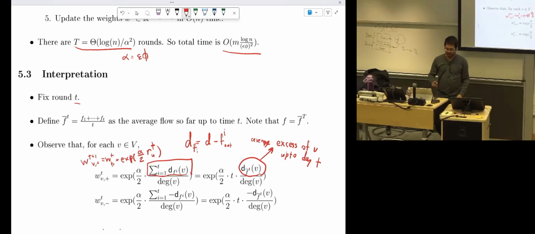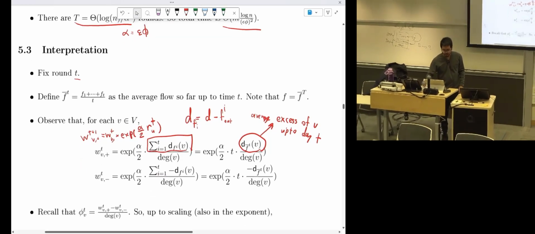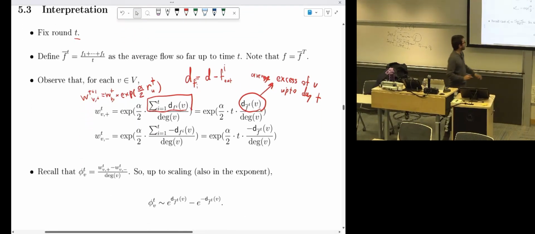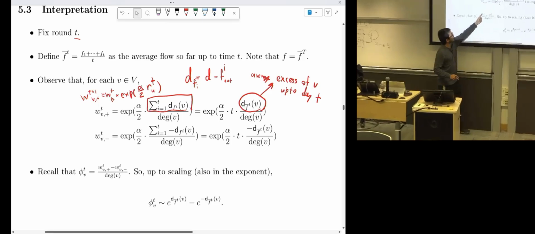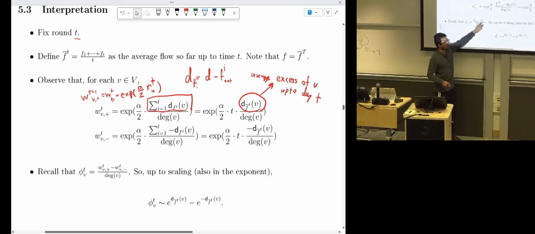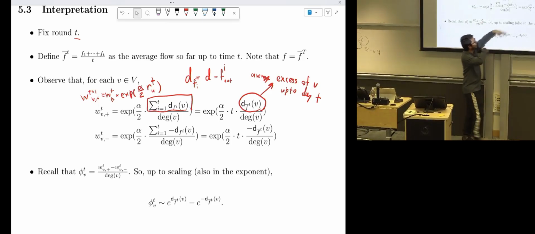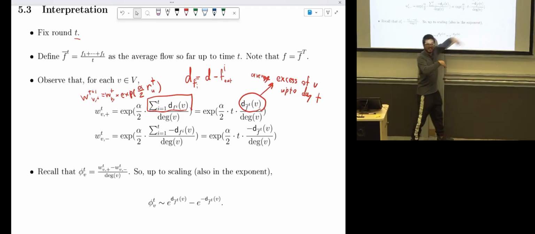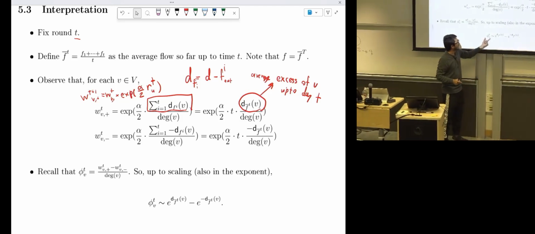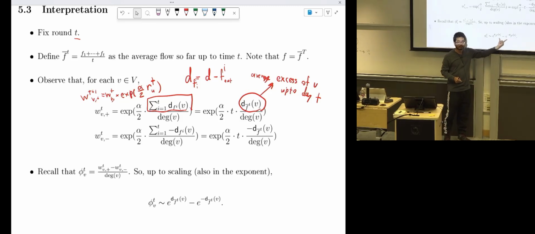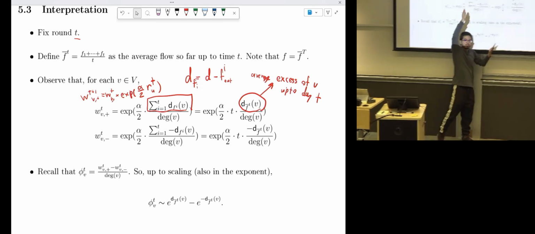Okay. And how do we define the potential? It is this thing minus this. And if I forget all the scaling, then you can kind of see that the potential of each node looks like this thing. So when this is positive, it just grows up exponentially.